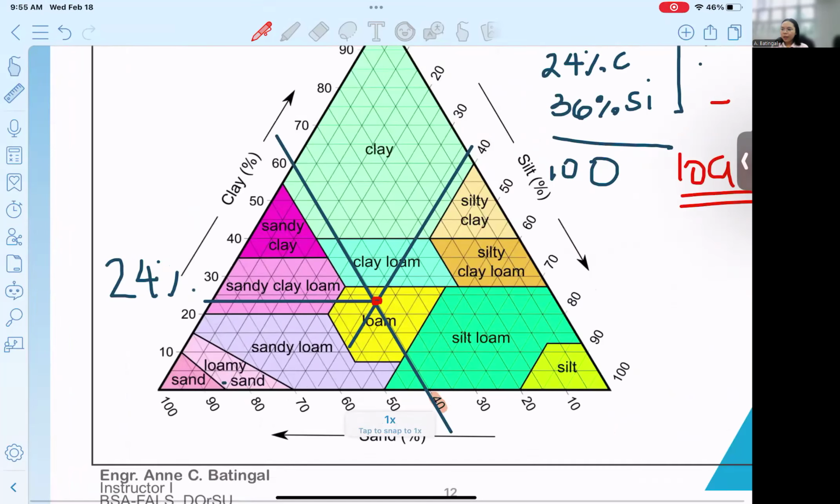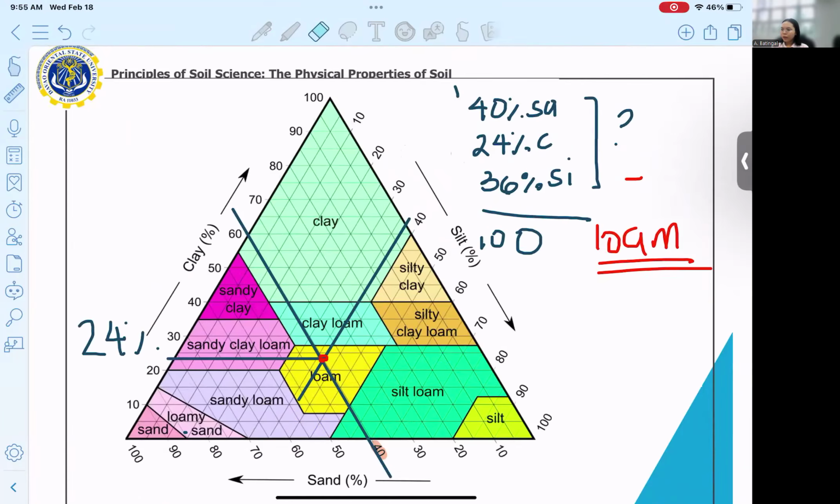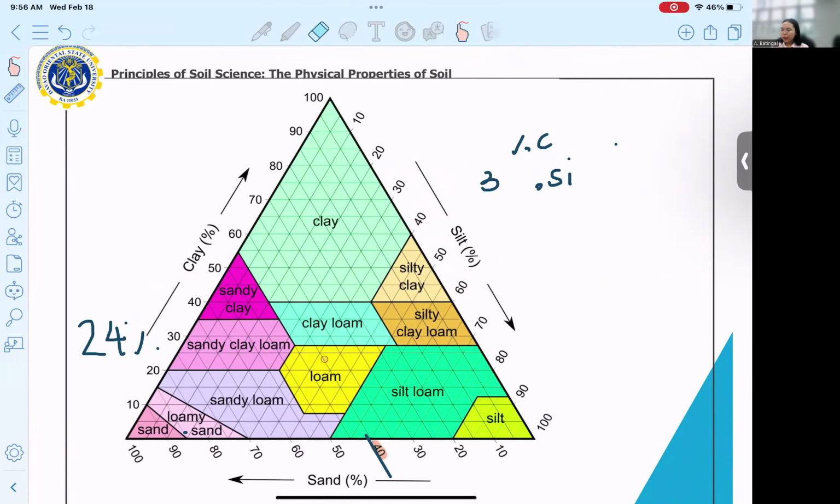Okay, but let's have another example. Let's have another example sa imuhang soil texture triangle. So you should be able to learn how to use your soil texture triangle. Okay.